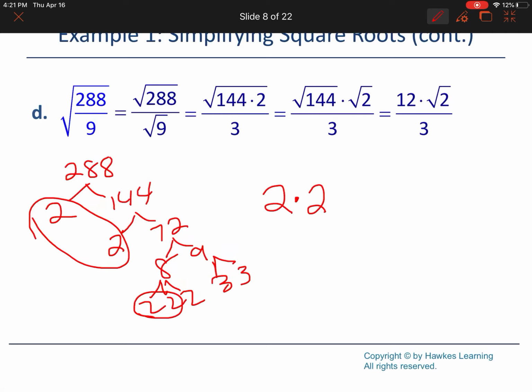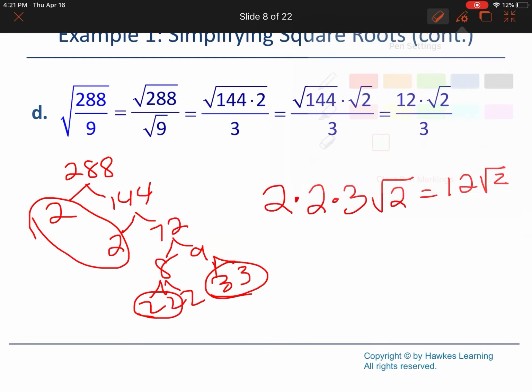Here's another 2 2's, so there's a 2 that comes out. And there's 2 3's, so a 3 comes out. And there's only that 1 2 left over, so it stays under, which is 12 square root of 2. And that would be the numerator, right? And then we would still have that over 3.